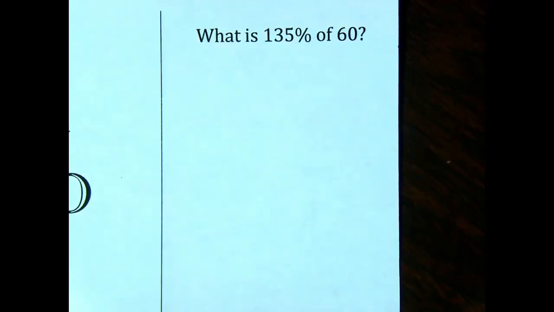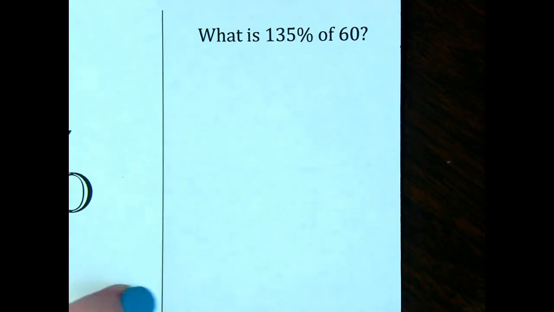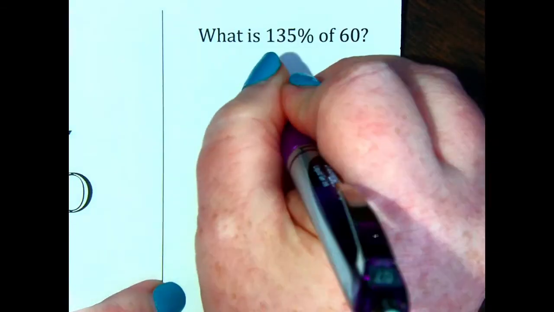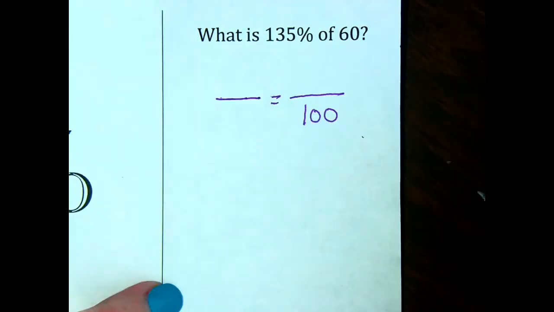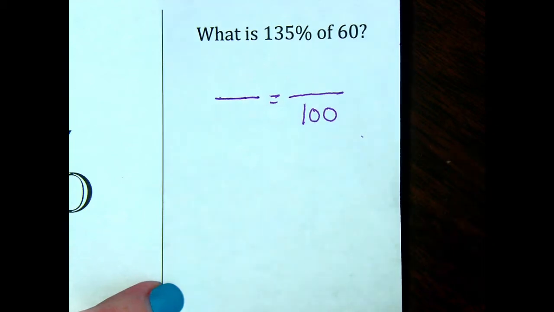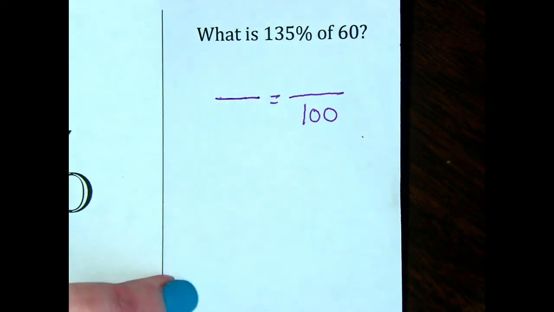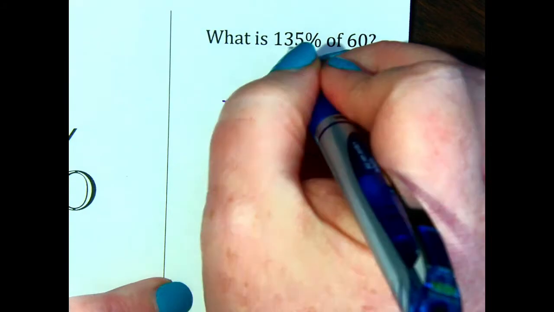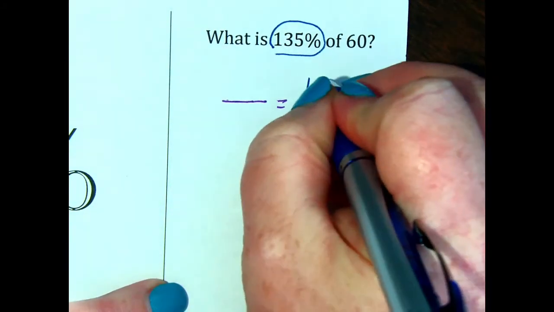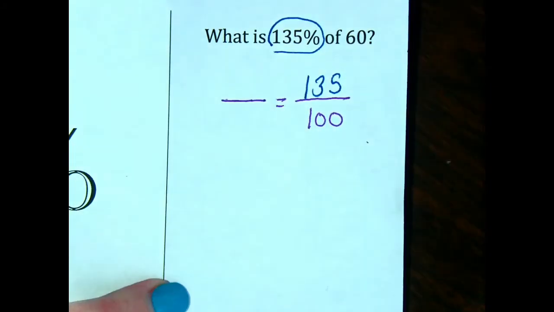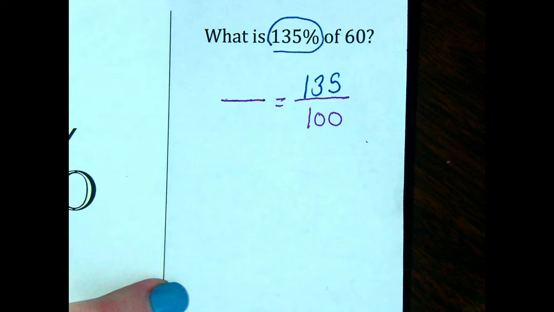What is 135% of 60? So again, I'm going to set up my percent proportion. I always put 100 in the bottom right because percent is always out of 100. In this case, I am given the percent is 135. So whatever the percent is goes on top of the 100. Even if it's more than 100, it still goes on top because I can have more than 100% of something.